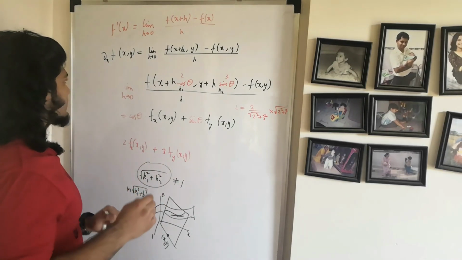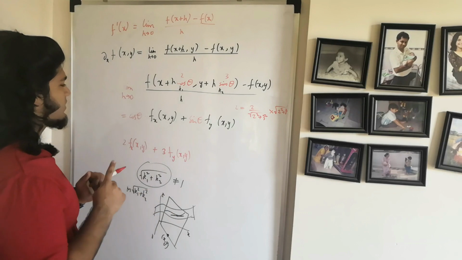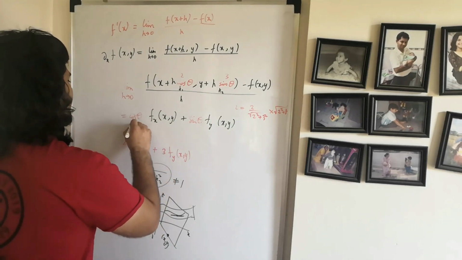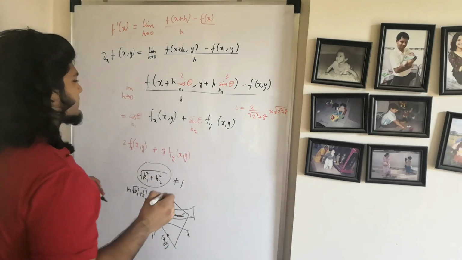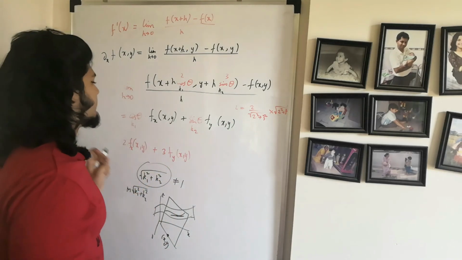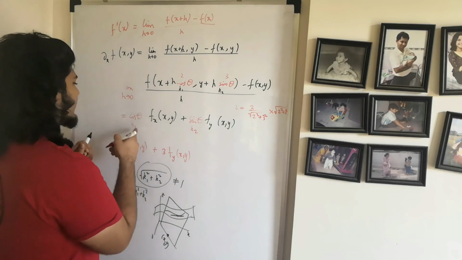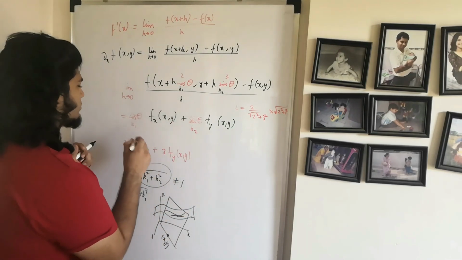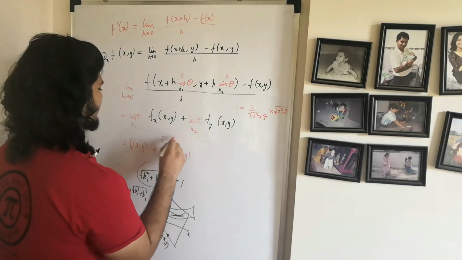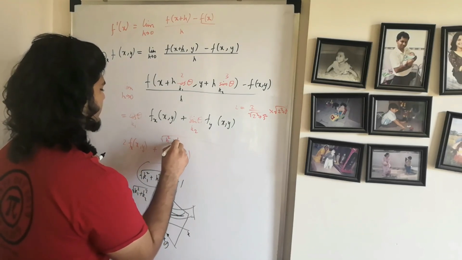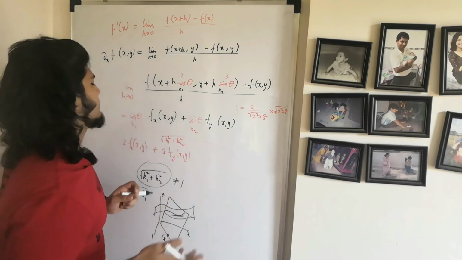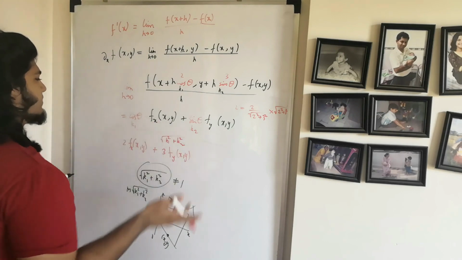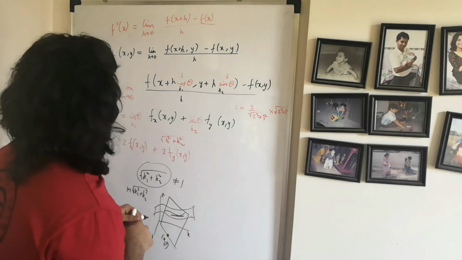And in fact, some people don't like to have sin theta and cos theta here. They like to have generic k1 and k2 factors, but it's really up to the person. Some people like to have cos theta sin theta, like myself. Some people like to have k1 k2, and some people like to divide the entire thing by the square root of k1 square plus k2 square, which is in a way the same thing as cos theta sin theta, just in a different form.